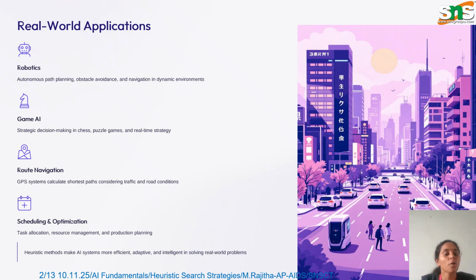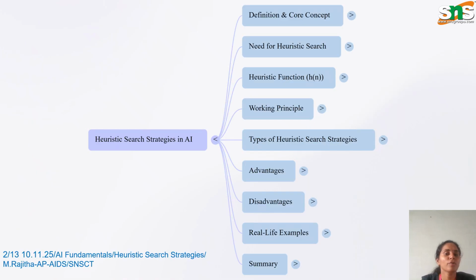In scheduling and optimization, it efficiently allocates tasks or resources. These examples show how heuristics make AI systems practical, adaptive, and intelligent in real world conditions. This is the mind map for heuristic search strategies in AI.